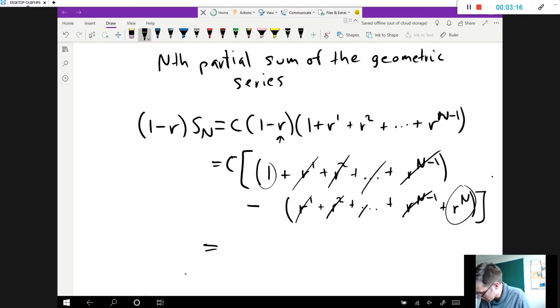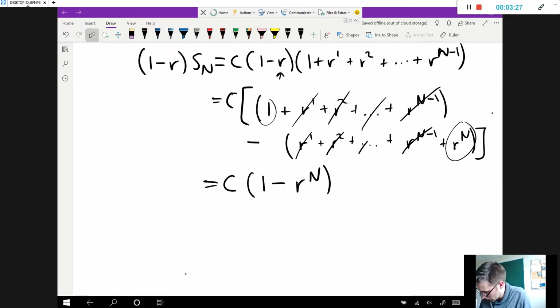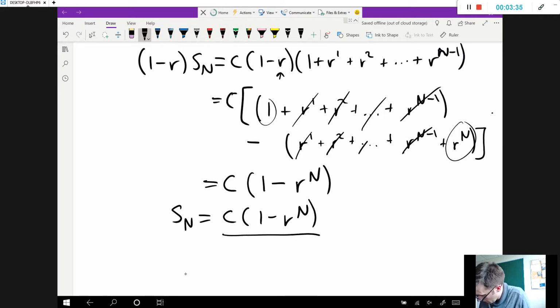And so this has got to simplify down to just c times (1 minus r to the n). And if we rearrange that just a little bit, we can solve for Sn. And now we have a nice expression for the partial sums.